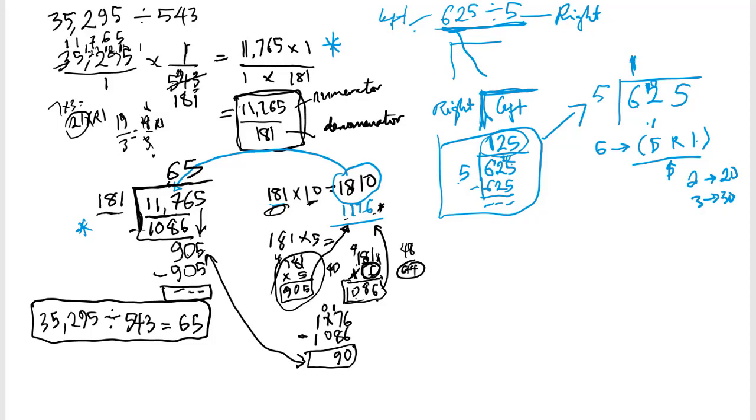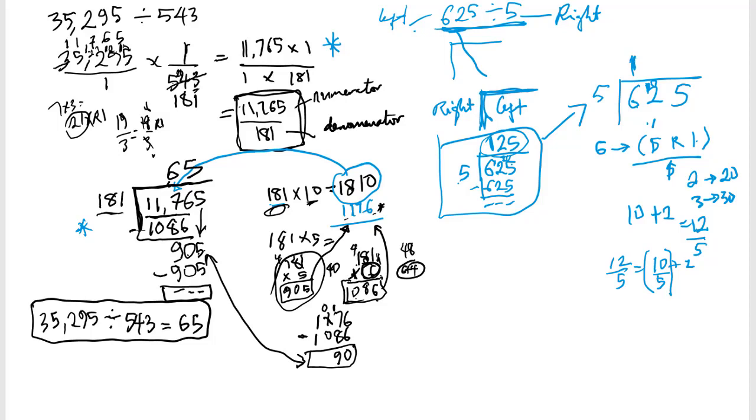For this example, it becomes 10 plus 2, which is 12. So 5 into 12 is like 10 plus 2 over 5.